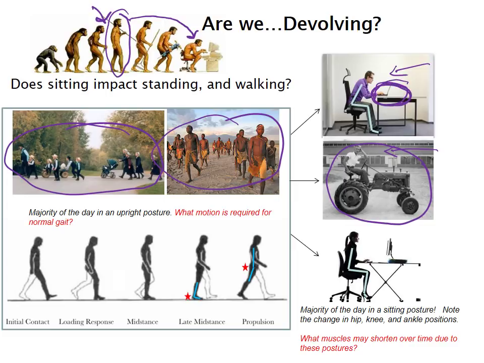So we're in this position all day, and what are we doing? Well, I'm going to change my color. We are in a hip flexed position. We are generally in a knee flexed position, and we tend to be in a slight bit of ankle plantar flexion, rather than in a fully extended position or maybe even hyperextended position like we see here.